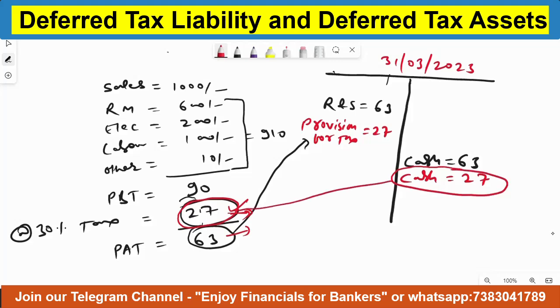They will pay after 1 month, 2 months or 3 months, but after preparation of the 31st March balance sheet. The moment they pay, the company need not make the provision also. So both sides will nullify, and that 27 rupees will not be there in the balance sheet. So this is how the provision for tax takes place.